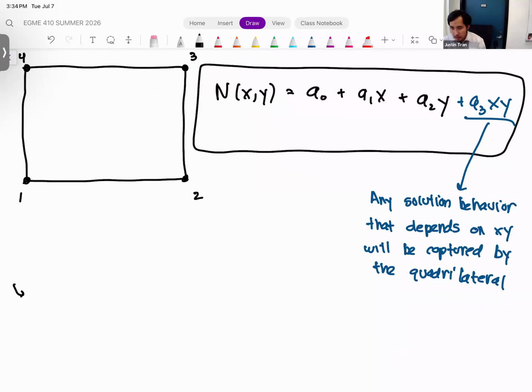And that tracks, right? If you think back, I didn't really qualify this statement last week, but I did mention that if you could mesh your geometries with a quadrilateral or a rectangular type of element, then generally you can expect better solution behavior. And this kind of shows you why.